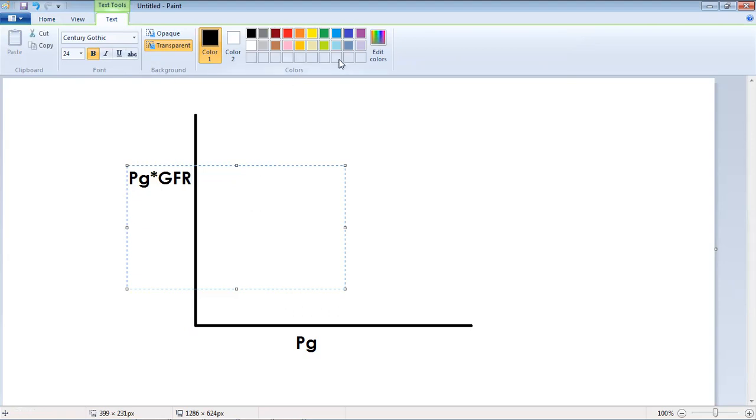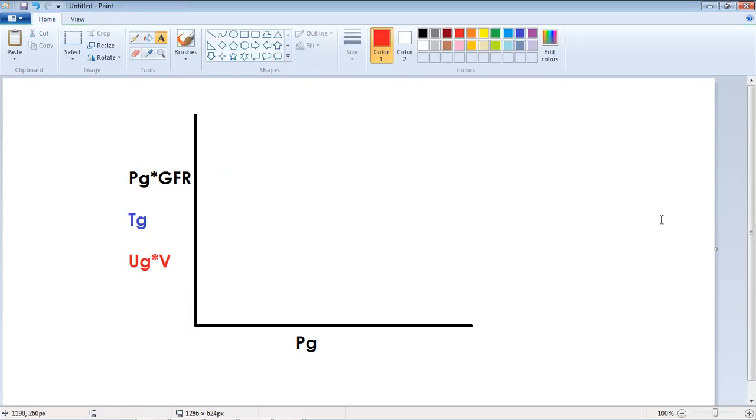The next attribute is TG, and the last attribute is UG. These are the three attributes which we shall consecutively examine one after another. So first, let us take up the role of PGGFR.